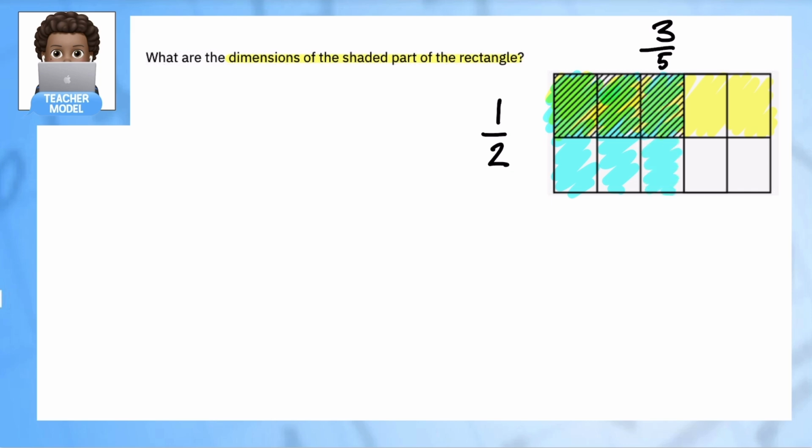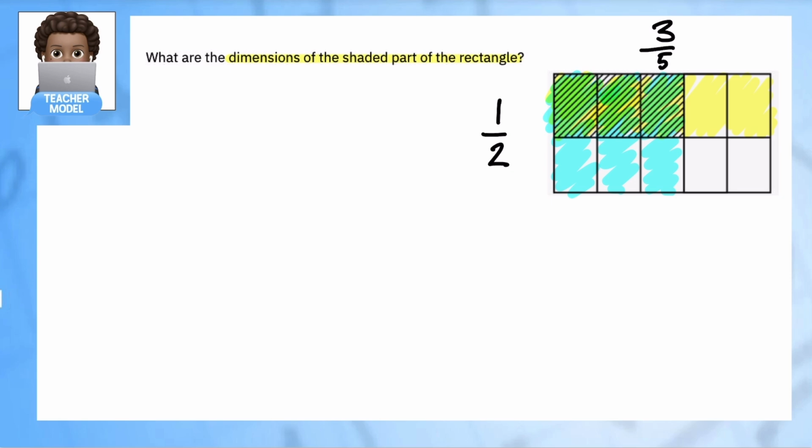Notice that they both overlap into this area. This is another way of showing area, and we call this an array model. I shaded 1/2 here, and then I shaded 3 out of 5 here. Where they overlap is the area of this part here, which is something we can figure out.